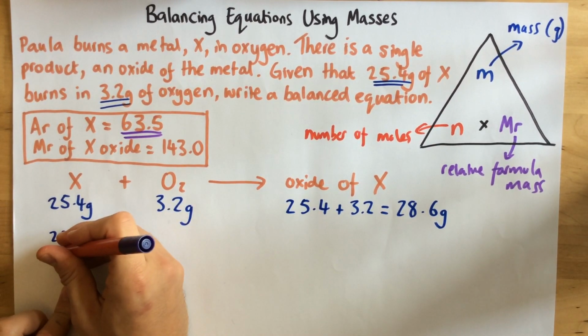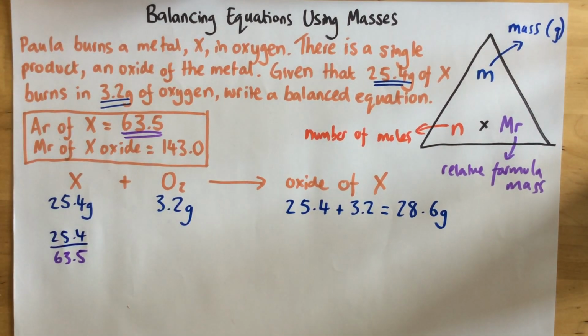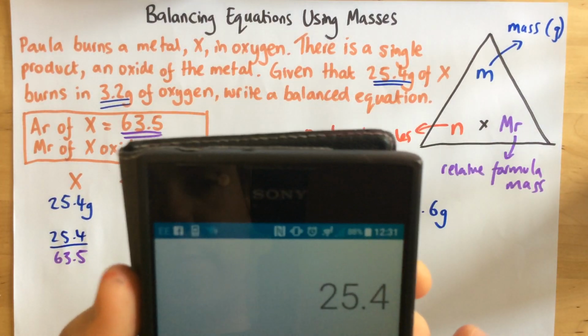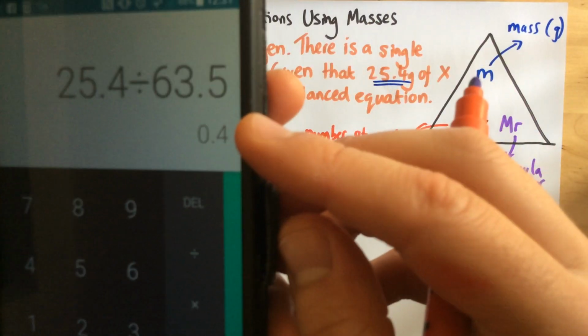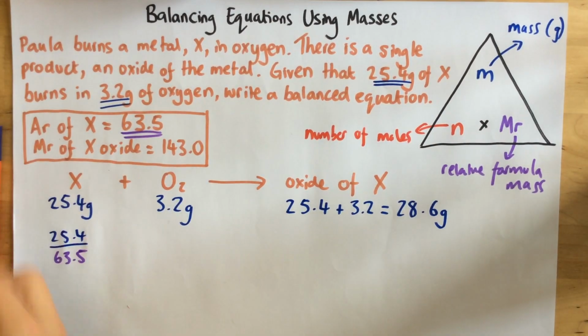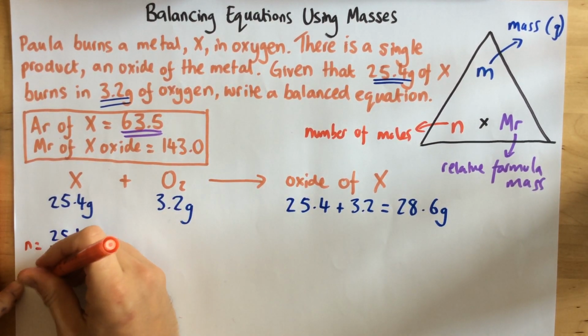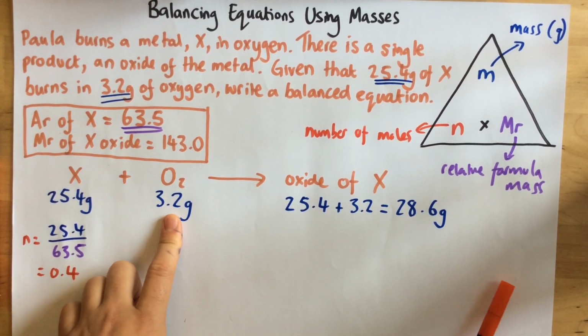So it's going to be 25.4 divided by 63.5, and the answer is 0.4. So the number of moles of this is 0.4.